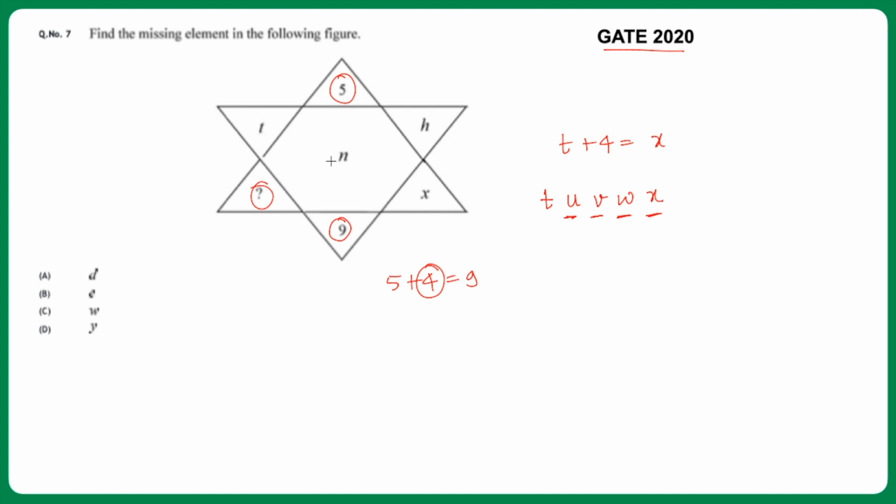So we understood that this n represents plus 4. Okay, so plus 4 you have to do. If it is an alphabet, add 4 more alphabets, and if it is a number, add 4 to that number. So if this is the alphabet H, the missing alphabet will be either 4 alphabets after H, or 4 alphabets before H, right?